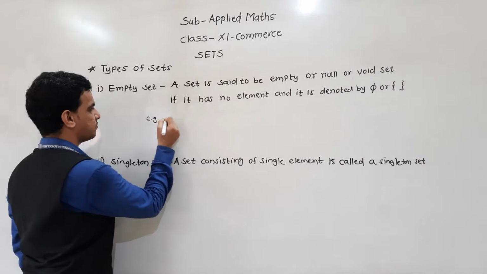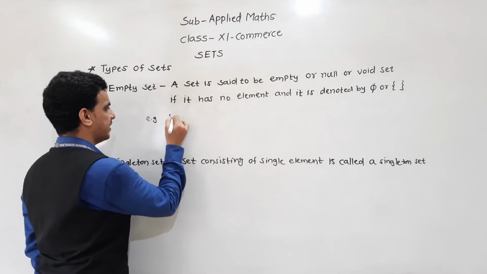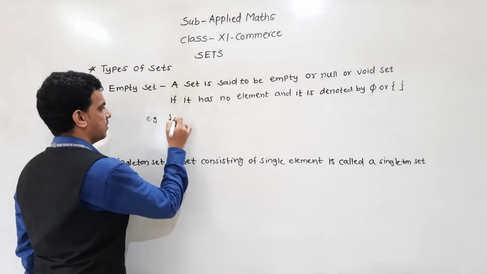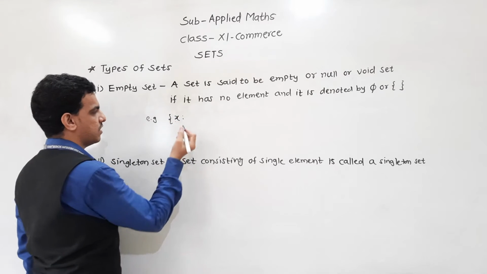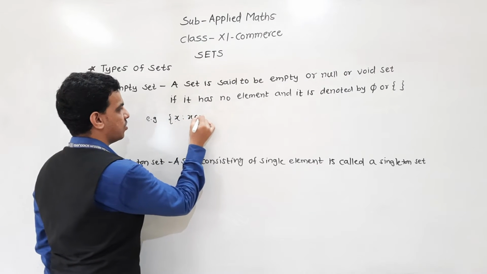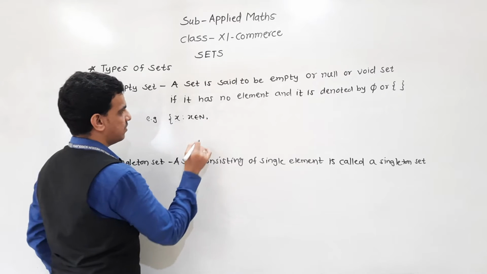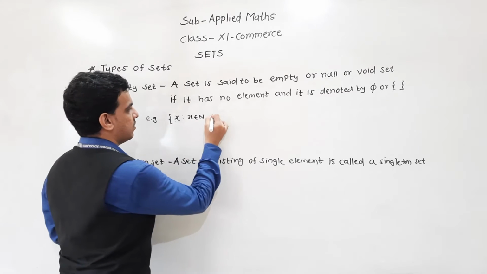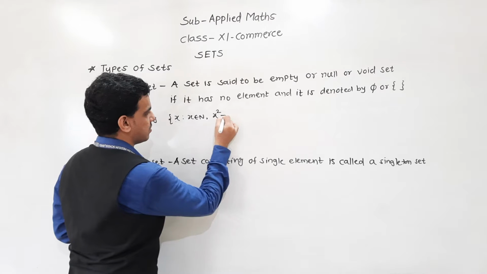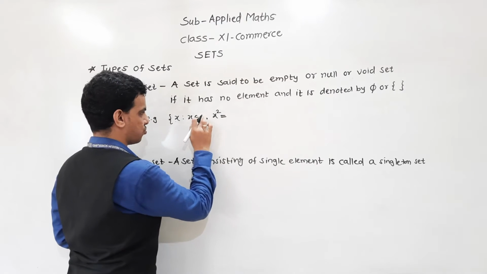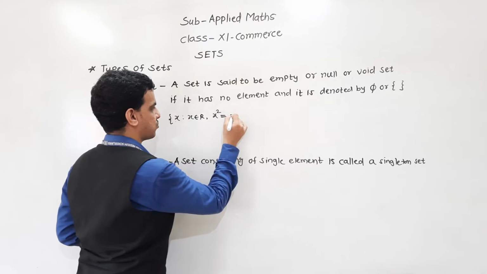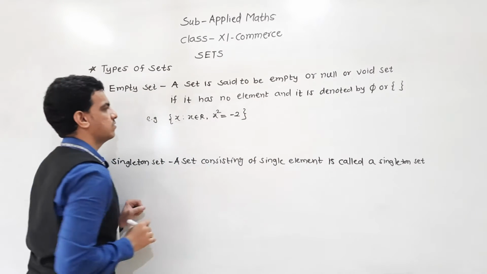For example, if we take x such that x belongs to R and x square is equal to -2.